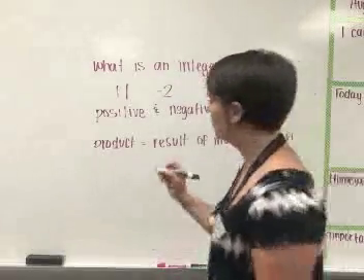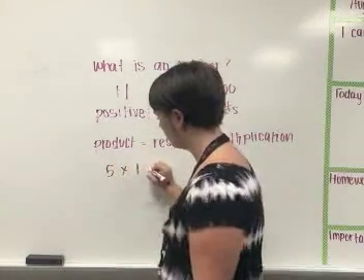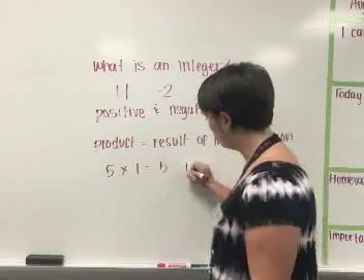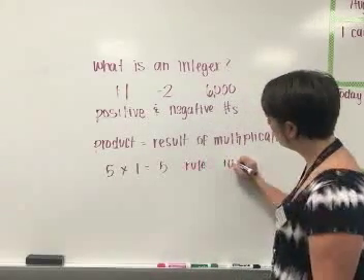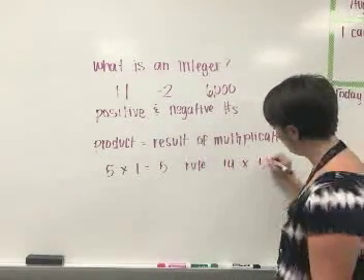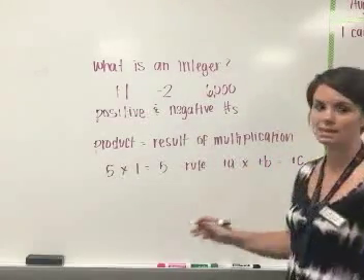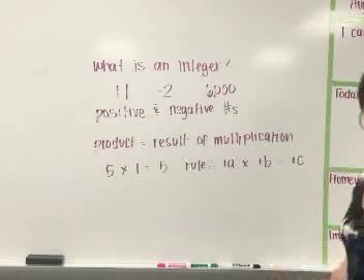So if I have positive 5 and I multiply it by positive 1, I get positive 5, right? So the rule is positive number times a positive number equals a positive number, right? So positive number 1 times positive number 2 is a positive product.